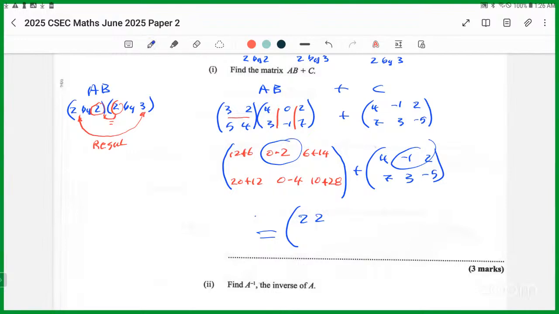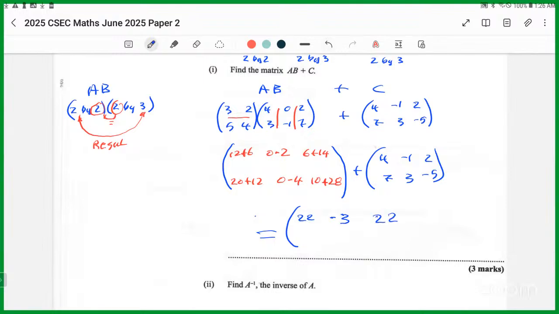Let's include that. So 0 minus 2 is -2 and -1 is -3. This is 20 and 2 makes 22.